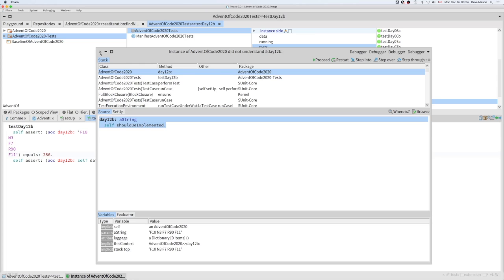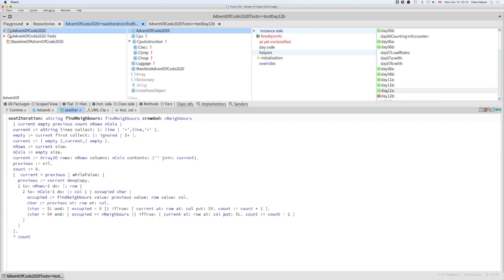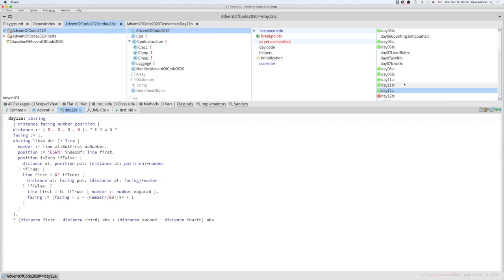So let's go and look at the code for day 12A. So we need this distance thing the same as we had before. We don't, well, so we don't need facing.